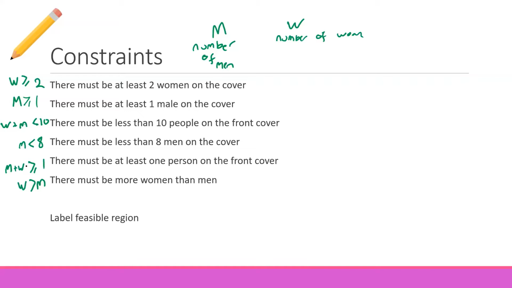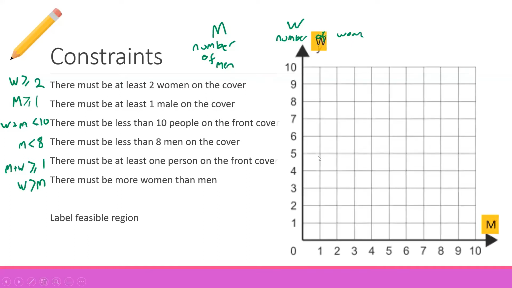Let's grab a look at the time here. Okay, I've not got time to actually do this. What we would do normally is say, right, now that we've got all these things, we can now plot them. I go W and M, and then we would go through it and plot them.